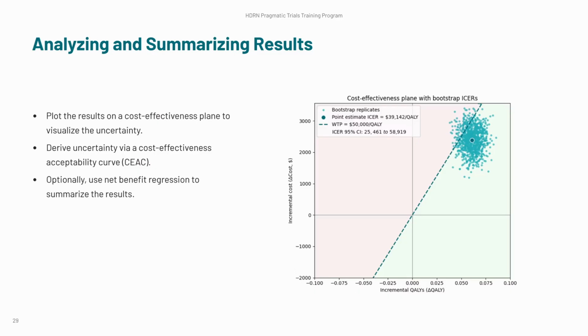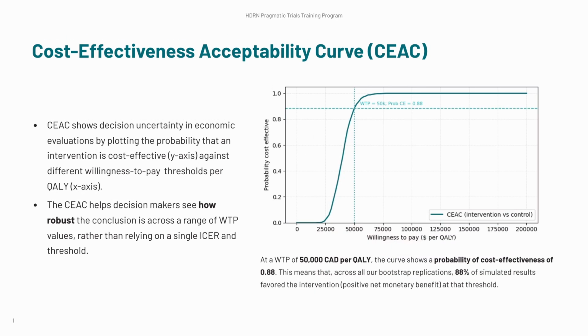The CEAC on this slide shows the probability of cost-effectiveness on the vertical axis and willingness to pay per QALY on the horizontal axis. For each threshold, we look at how many bootstrap replicates have a positive net monetary benefit. That proportion is the probability that the intervention is cost-effective at that willingness to pay.